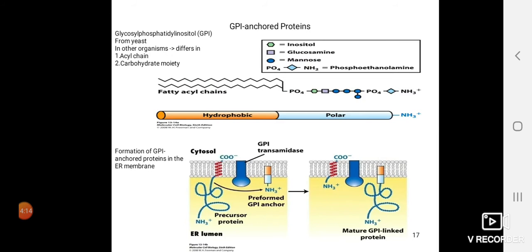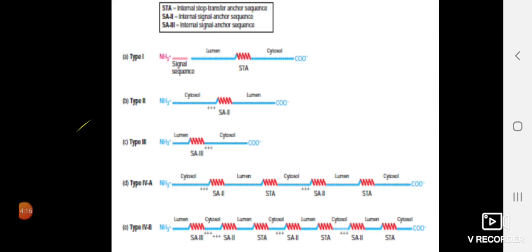Or in the other way, you can see here, type 1 will have this kind of STA, meaning stop transfer, and SCA, meaning signal anchor. So there is signal anchor sequence 1, which is going to have an opposite orientation, and signal anchor 2, which again has an orientation of N terminal into the lumen and larger C terminal into the cytoplasmic side.